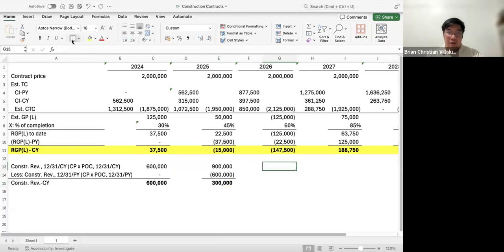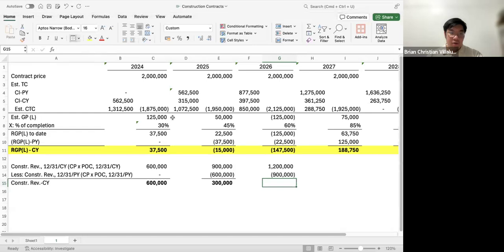Ganun lang. Di ba? Ganun lang yung proseso natin. Number 2, third year tayo. Contract price times 60%. Then less 900,000. So construction revenue for 2026 would be 300,000.